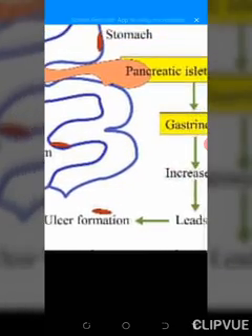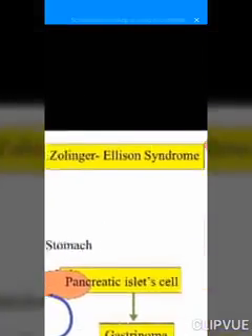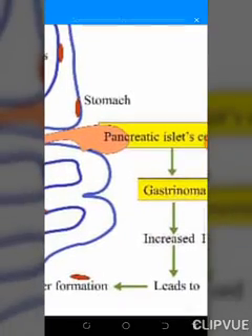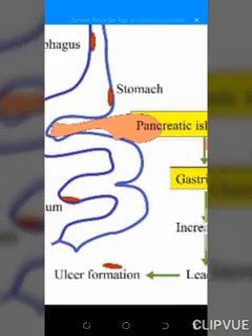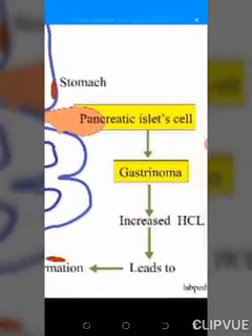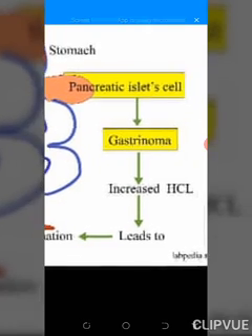So if you will not remember anything about Zollinger-Ellison syndrome, remember that there are some tumors commonly found in the pancreas called gastrinomas. They are gastrinomas because they are gastrin producing in nature. You remember the function of gastrin: regulating hydrochloric acid production. Gastrin primarily acts on the parietal cells to ensure they produce hydrochloric acid.